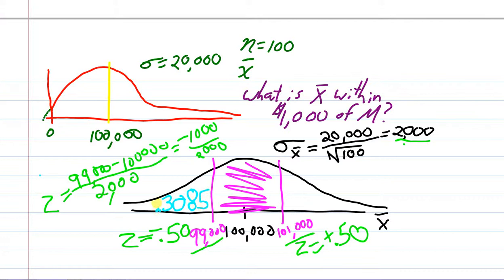Now, as I mentioned last time, we could look up the positive z-score and get this larger probability of being below 101,000 and subtract the two, but a little bit quicker method for this kind of problem is if there's 0.3085 there and we're looking at the same distance and the same z-score on both sides, just one's positive, one's negative, then there's going to be a 0.3085 here, making the total amount that is not in the middle, what we call alpha, 0.617.